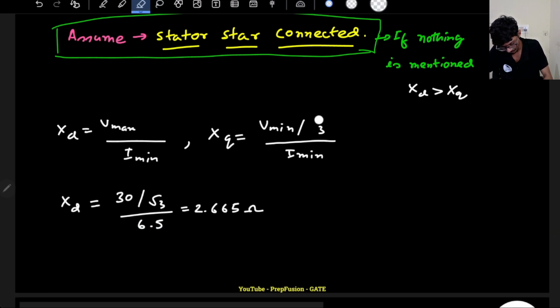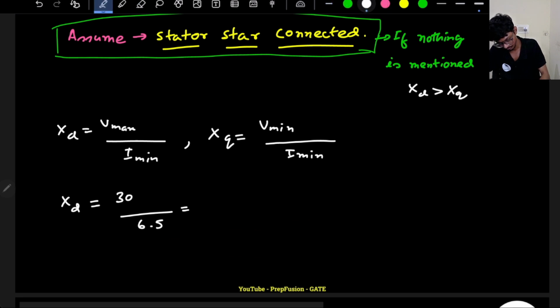So I don't need to divide by root 3. So this will be 4.615 ohms.